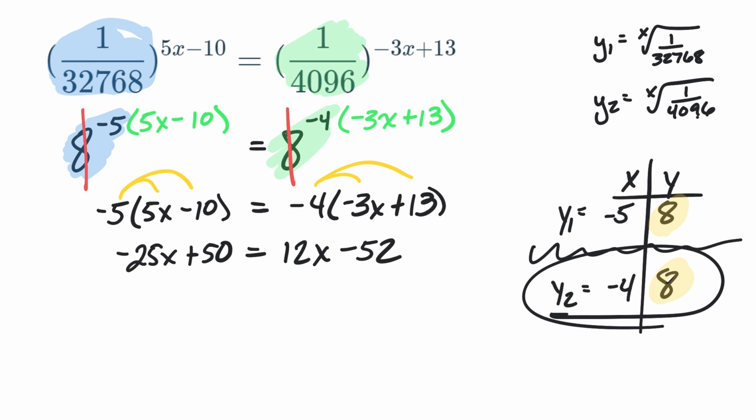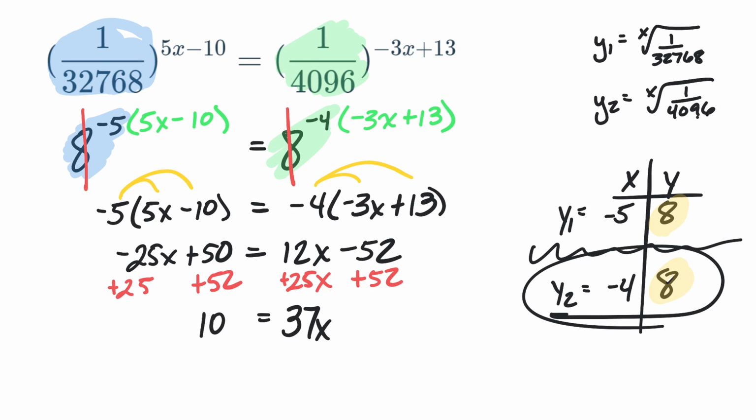Again, I like to make the smaller variable go to the larger one. Well, in this case, -25 is smaller than 12. So I move it with addition. So this would be 37x. Since I move the variables to the right side, the non-variables are going to go to the left side. So I add 52.